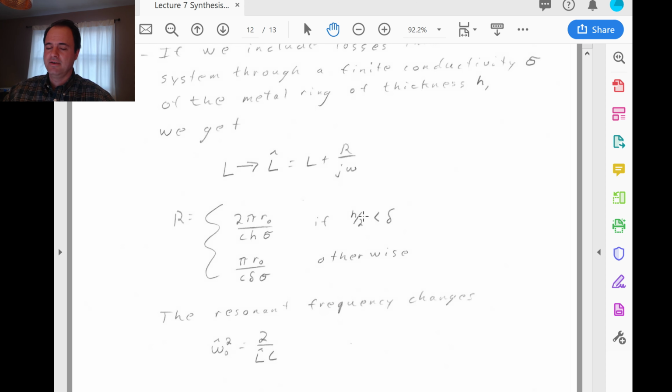If we have a very thin metal wire, then the resistance has H down in the denominator.